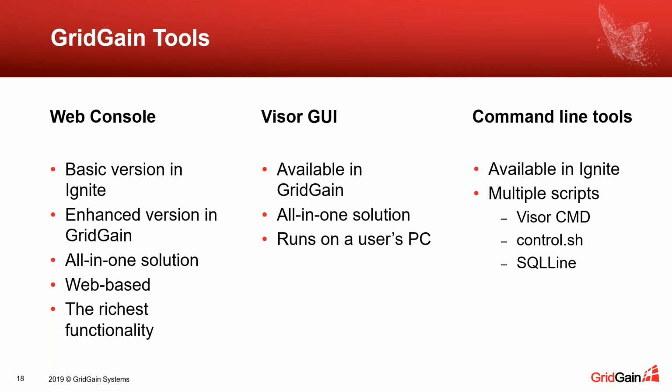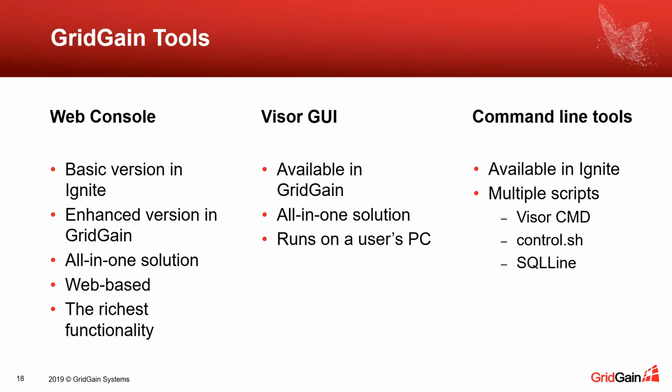They are available in Ignite, and these are multiple command line scripts that help you manage the cluster. Visor CMD, Visor command line, is a tool that helps to monitor the current state and the topology of the cluster, and do some administrative tasks like stopping a node.